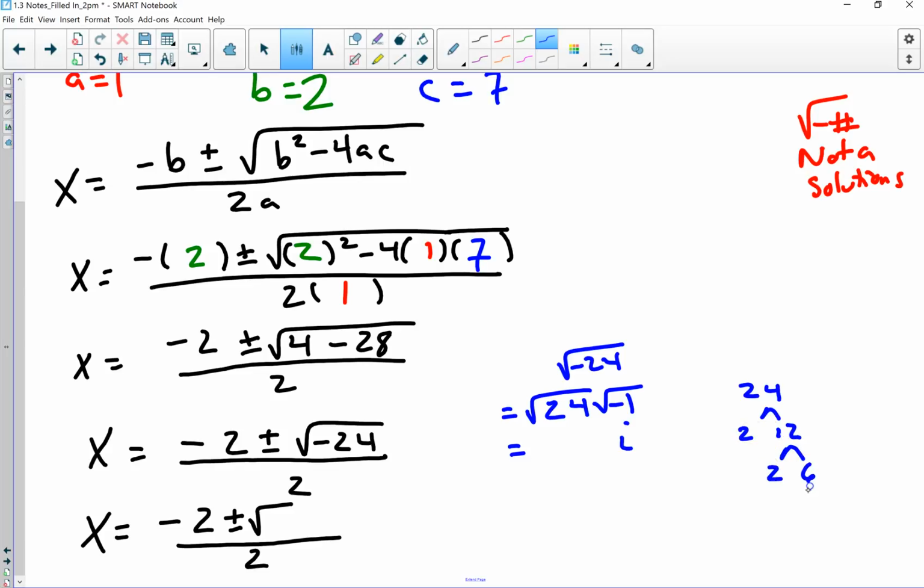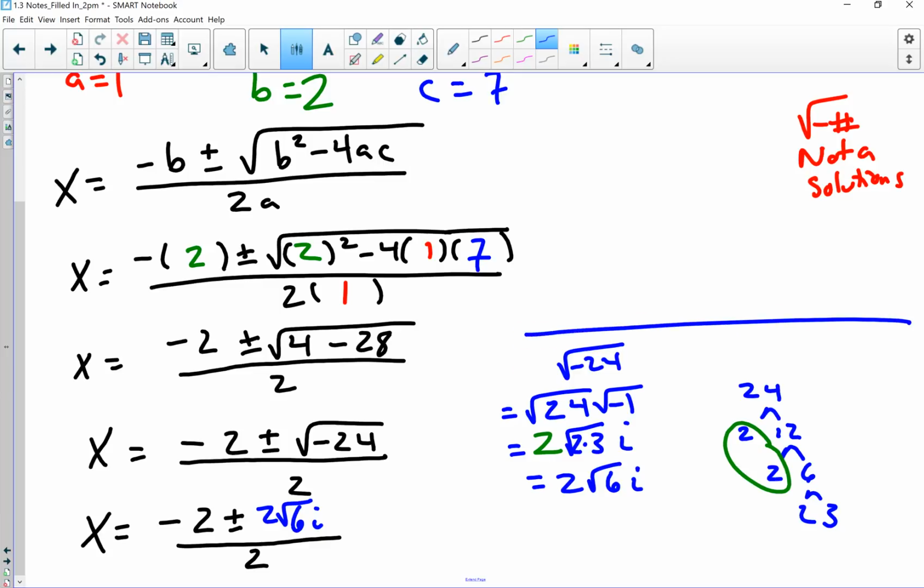So here I'm breaking down my 24, and I do have 2 of the same factor. I have a double set of 2's. So I'd be able to pull out the 2, and then 2 times 3, these leftover single value factors would stay inside. So when it's all said and done, that's 2 root 6i. So that should go where our square root is, 2 square root 6i. So we just did that off to the side.